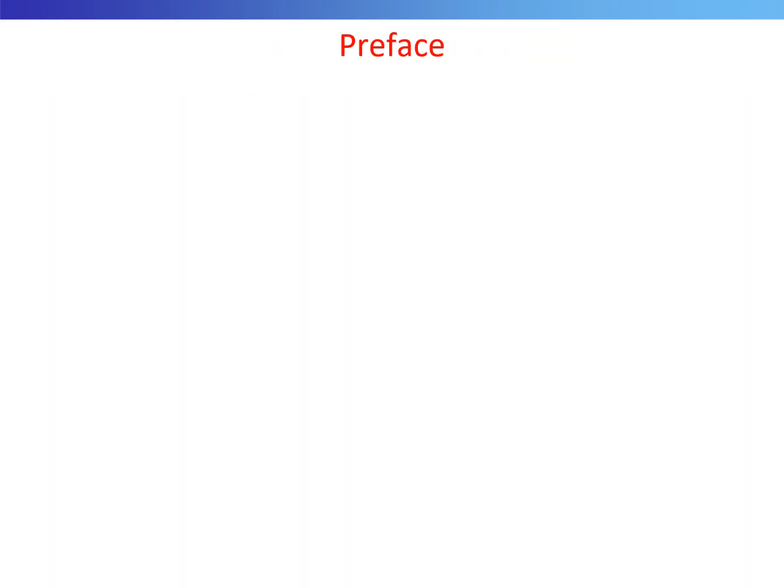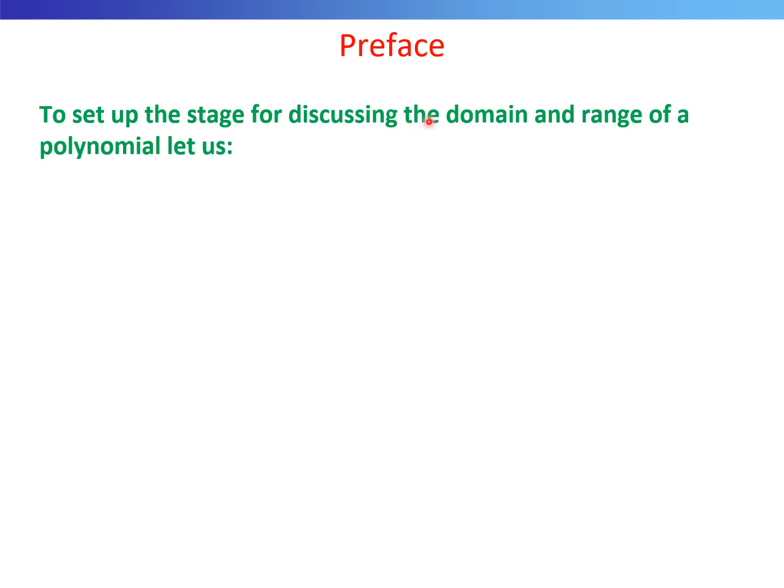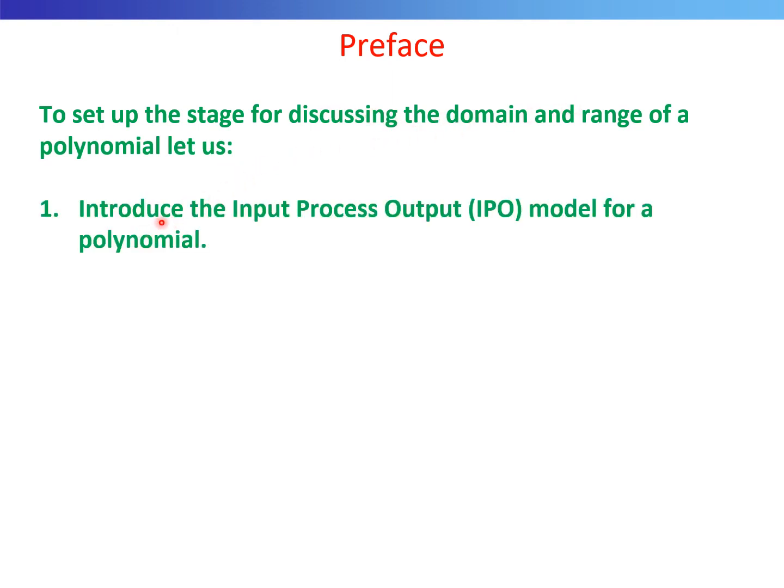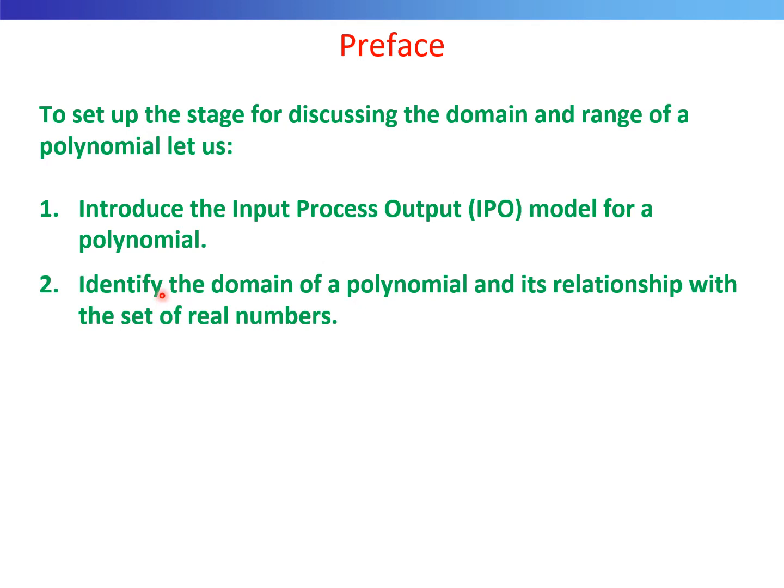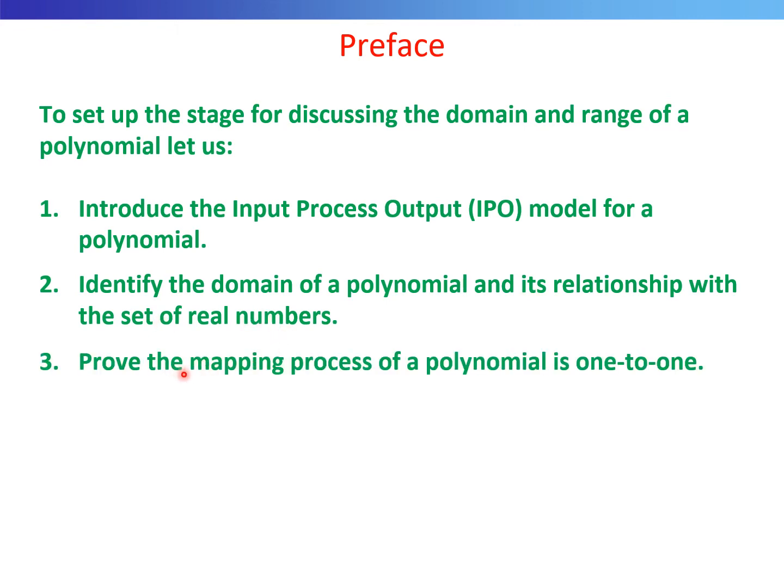Preface. To set up the stage for discussing the domain and range of a polynomial, let us, number one, introduce the input, process, output model for a polynomial. Number two, identify the domain of a polynomial and its relationship with the set of real numbers. Number three, prove the mapping process of a polynomial is 1-to-1.